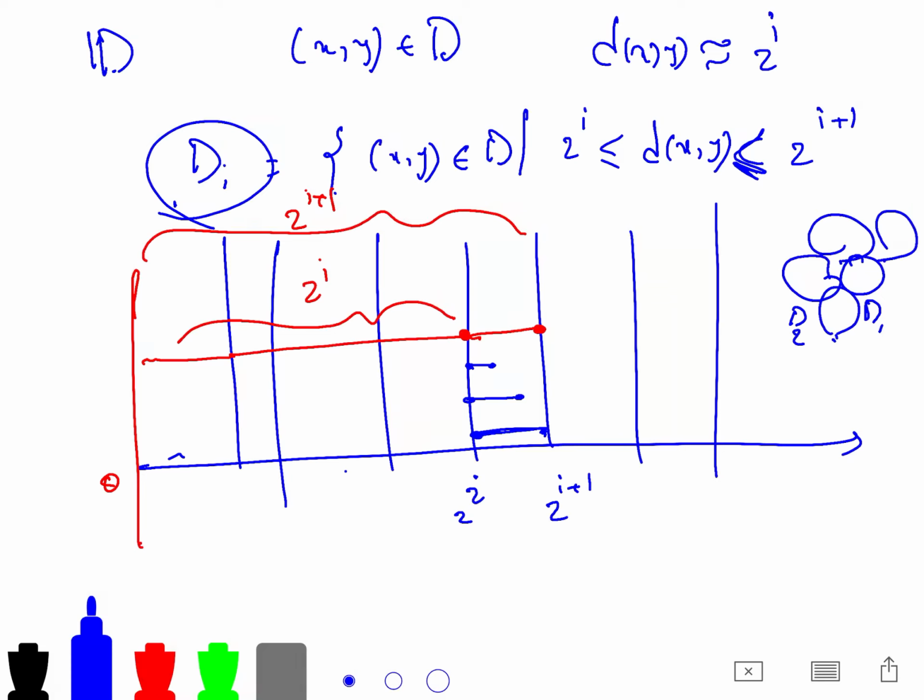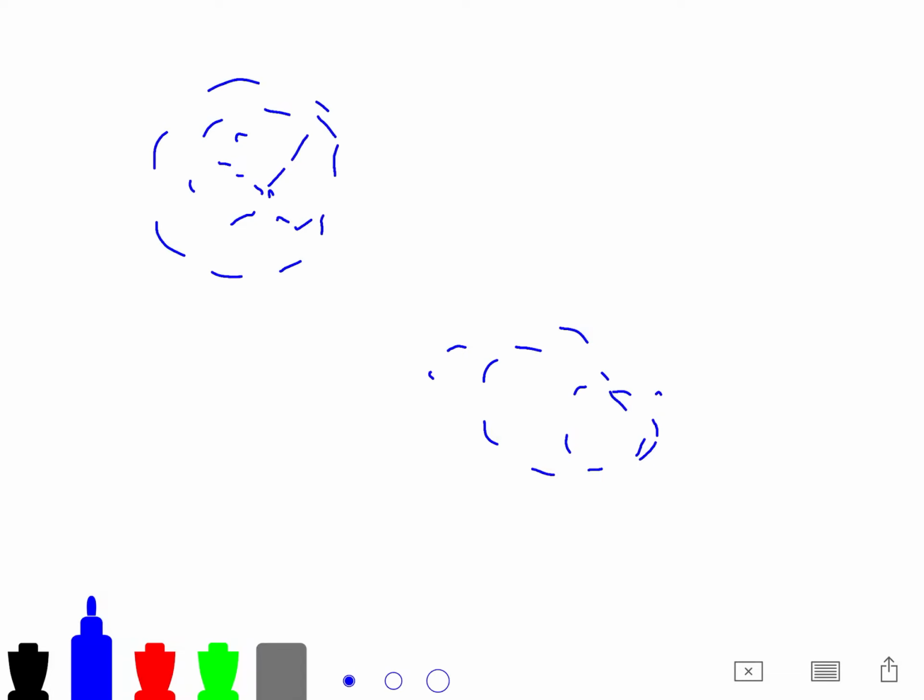Why is this important for me? Because in the stochastic block model, you have some ergodic space and you want to understand the structure of this space.